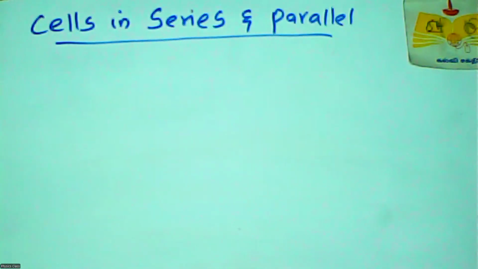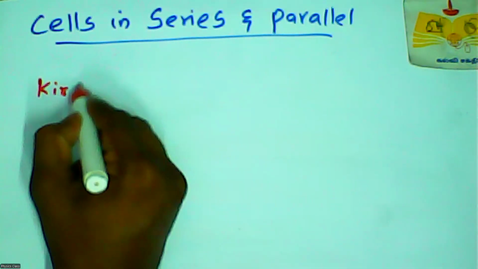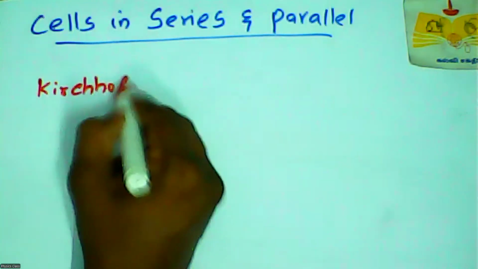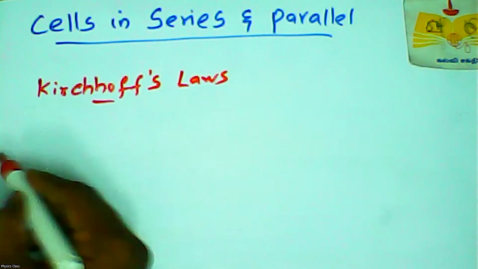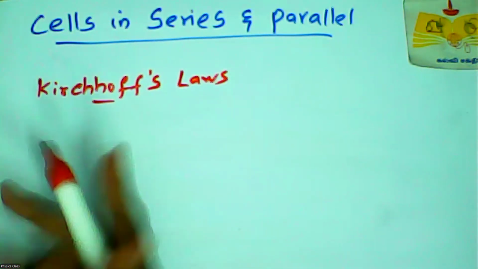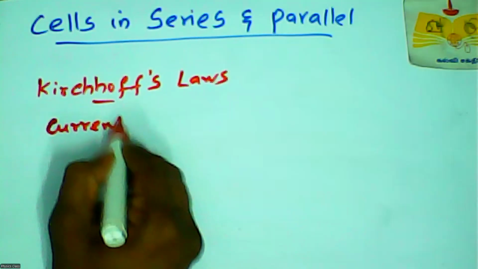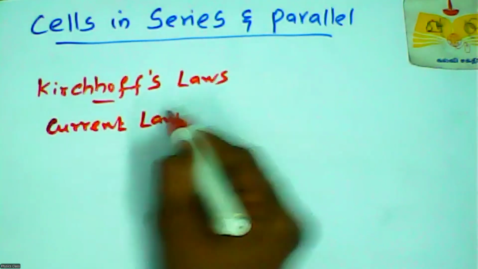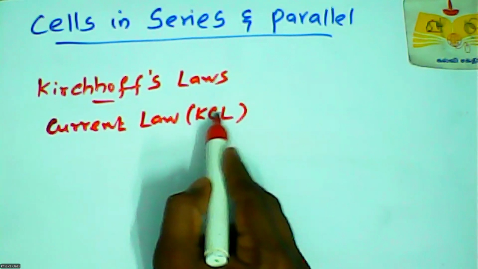Kirchhoff law. Next one. Kirchhoff laws or Kirchhoff rules. In Kirchhoff law, we have two formulas. One is the current law, or we can say Kirchhoff current law.